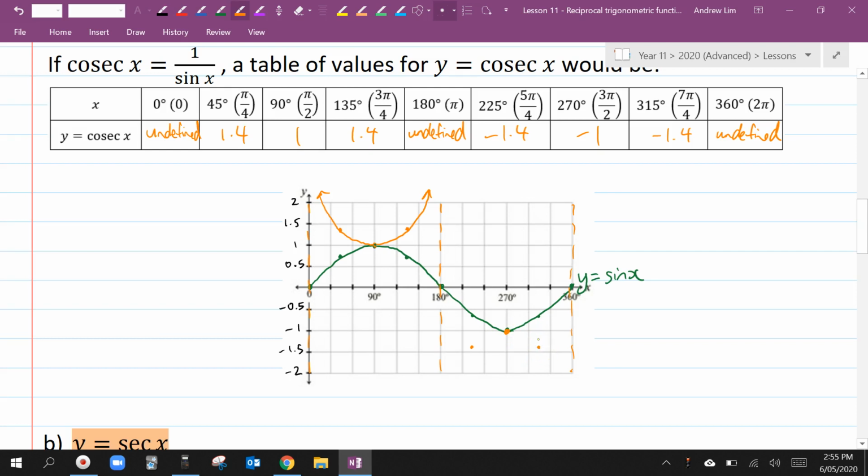And again, if we had more points to plot, it will form a nice curve, a nice U. Okay, so this is the graph of y equals cosecant of x for one period, or one cycle, which is 2 pi. So I'm just going to label that y equals cosecant x.